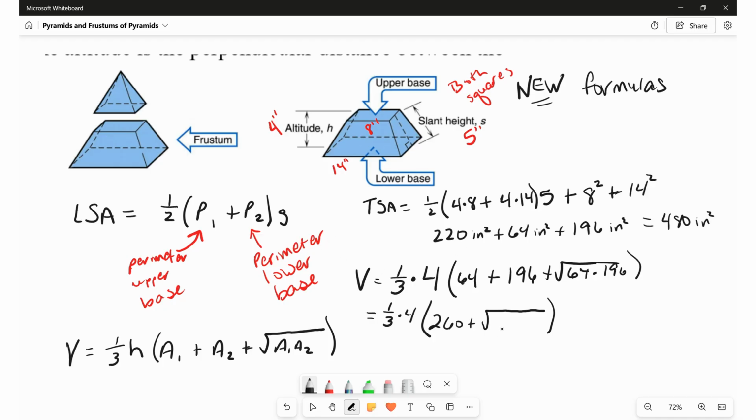The square root of 12,544, which is equal to... maybe I should clear my calculator out to begin with.